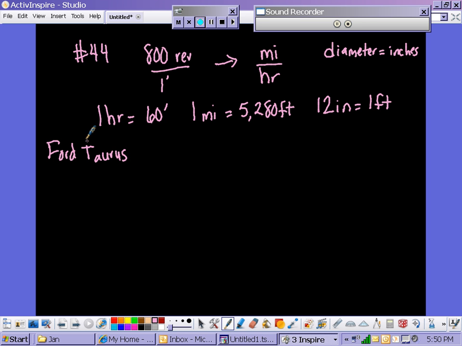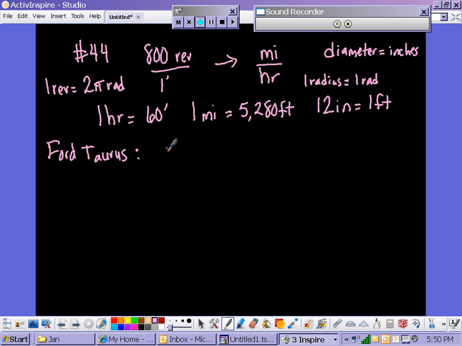I did. 1 revolution. We don't need degrees here, so we're going to say 1 revolution equals 2 pi radians. And there's one more conversion: 1 radius is equal to 1 radian. All right, so now we have our conversions.